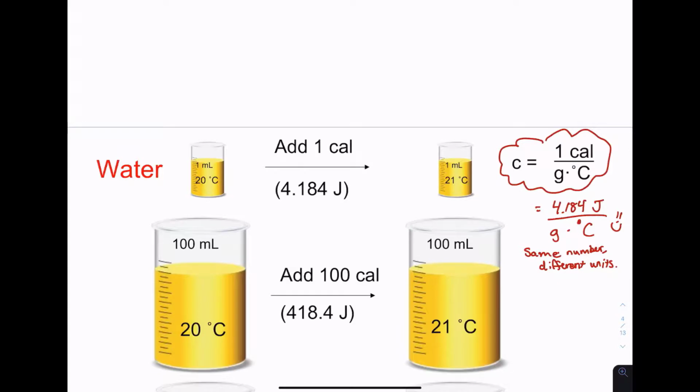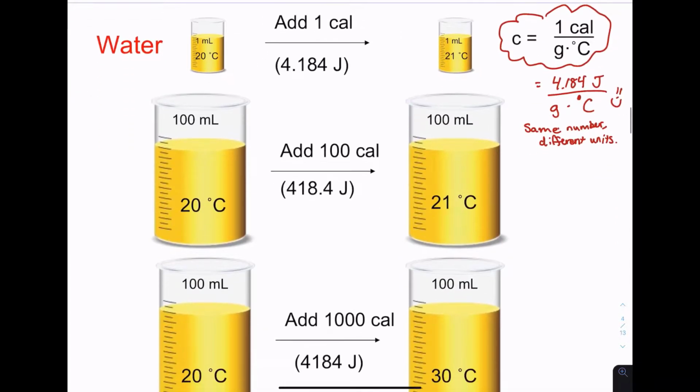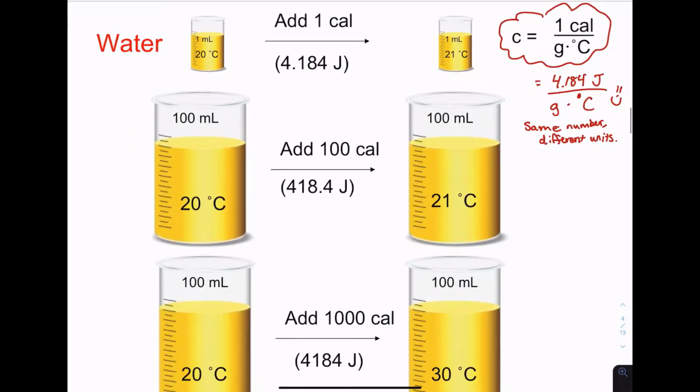Okay, so let's move forward in these slides and get an idea of what that ends up meaning. So, of course, here on this slide, we get an understanding that if I have 1 milliliter of water at 20 degrees Celsius, then I have to put in 4.184 joules in order to heat up that 1 milliliter sample of water by 1 degree Celsius.